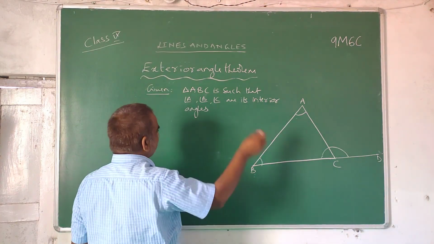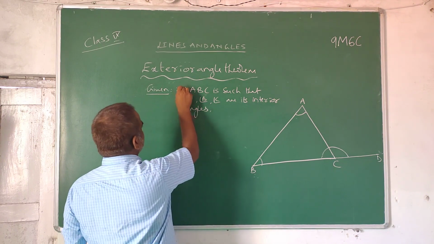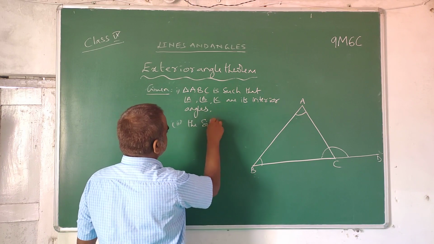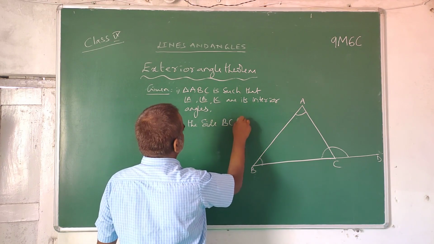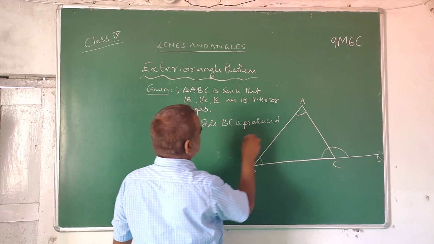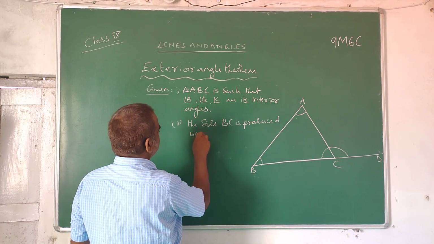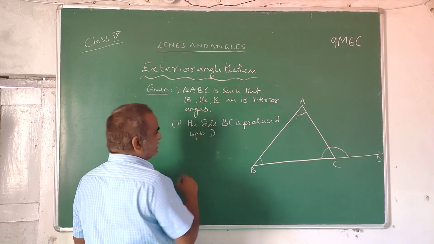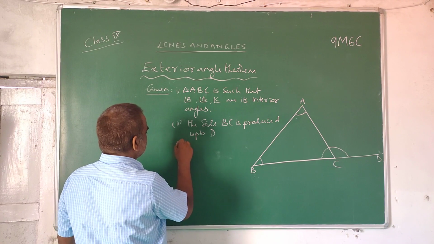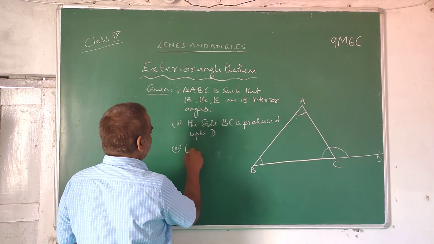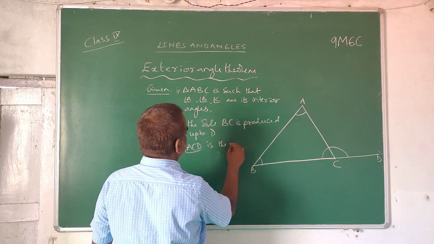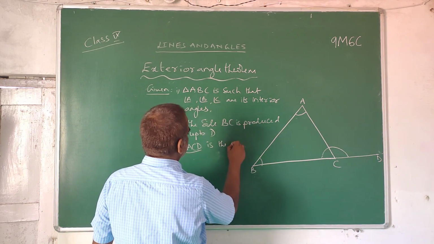Next, another given information is that the side BC is produced to D. Then what is the exterior angle so formed? Angle ACD. So angle ACD is the exterior angle so formed by producing BC.